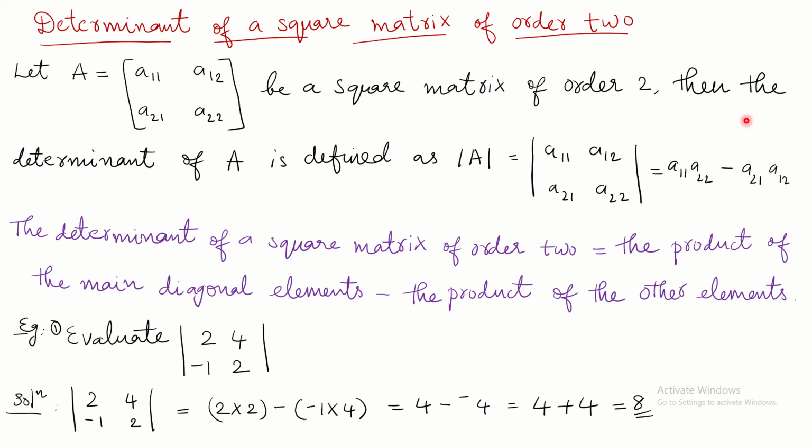Then for this case you have a formula and it is very important. The determinant of A is defined by removing the matrix brackets and putting vertical lines around A11, A12, A21, A22.